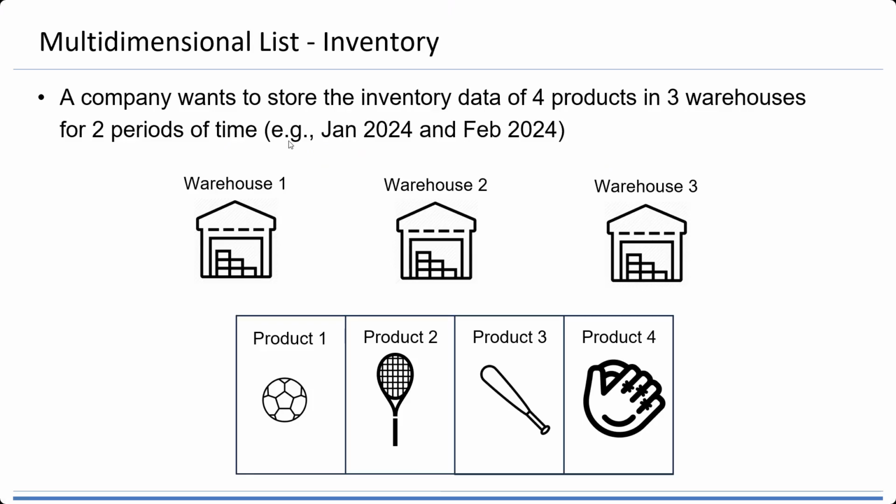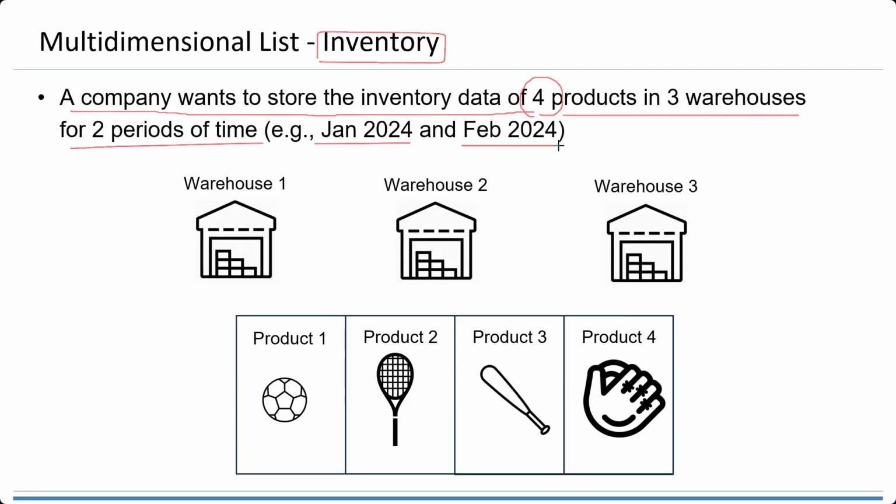So I have one case study about inventory. A company wants to store the inventory data of 4 products in 3 warehouses for 2 periods of time. Let's suppose the time is January 2024 and February 2024.